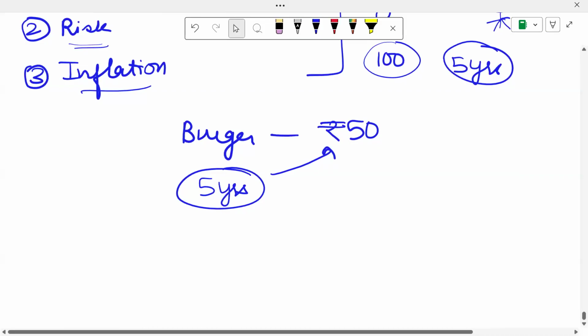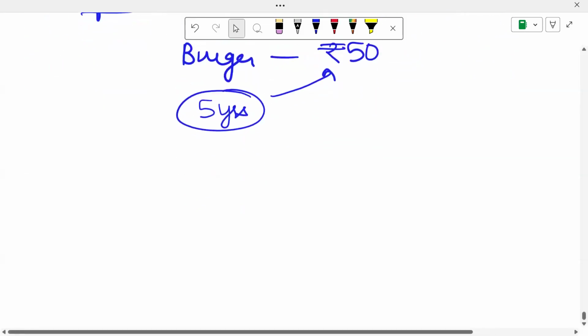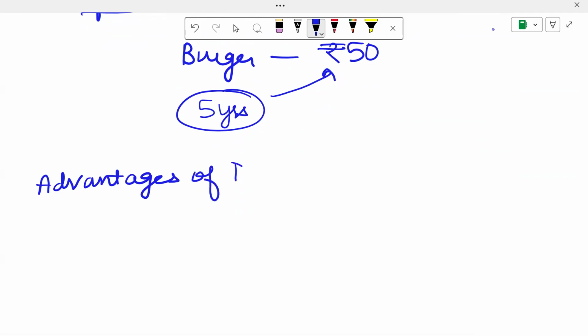Now, before we move to the two or three discounted cash flow techniques which we have, let us first discuss the advantages of taking into account the time value of money when it comes to discounted cash flow techniques. Number one, they take into account the time value of money.